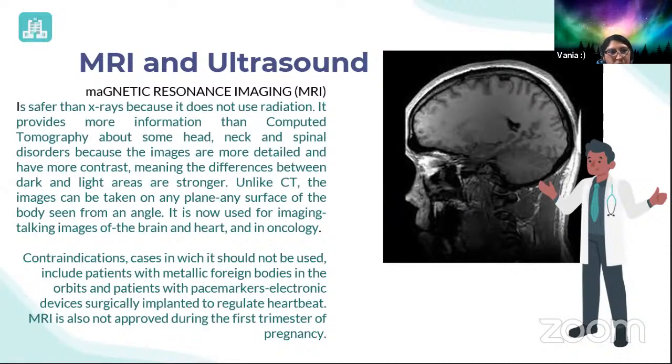Unlike CT, the images can be taken on any plane, any surface of the body, seen from an angle. It is now used for taking images of the brain and heart and in oncology. Thank you, Vania.